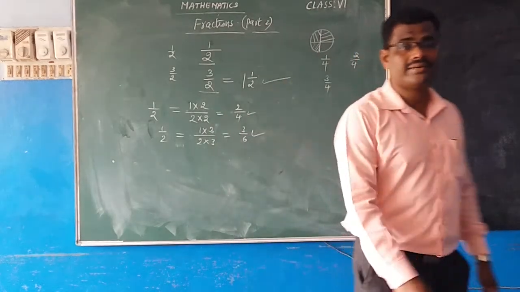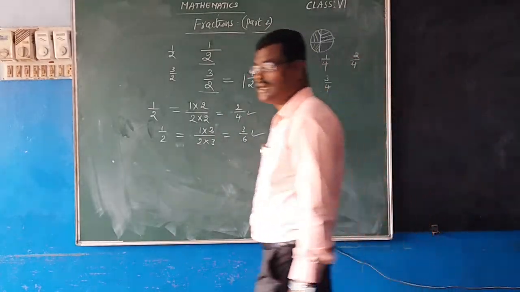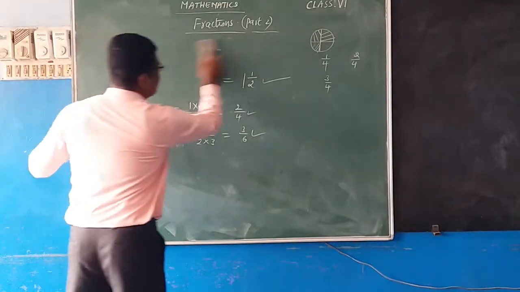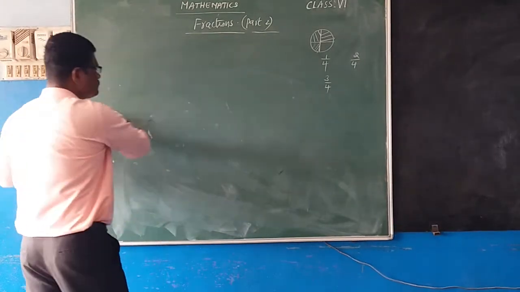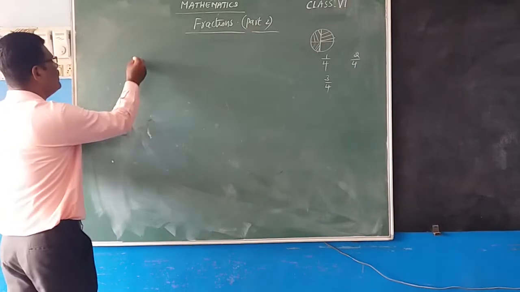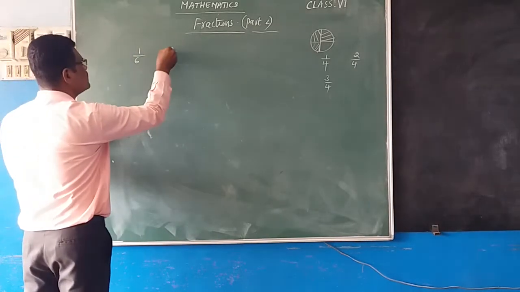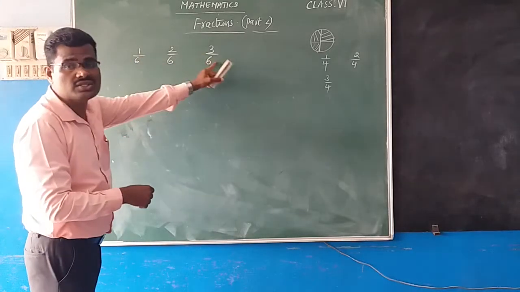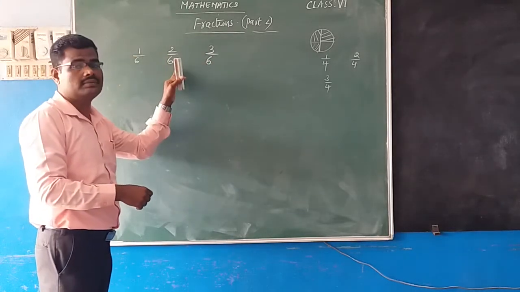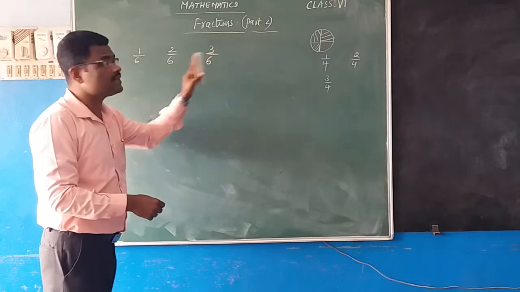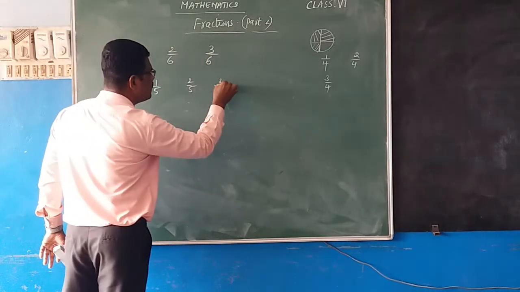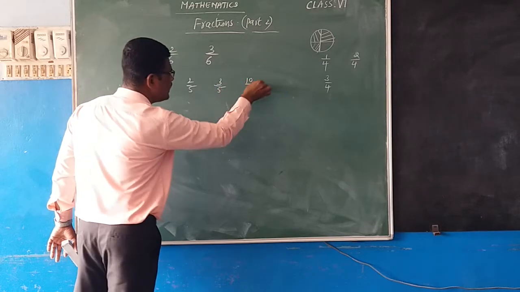Then what are like fractions and unlike fractions? Like fractions are fractions in which the denominators are same. 1 by 6, 2 by 6, 3 by 6 are like fractions. Whether 1 by 5, 2 by 5, 3 by 5, 10 by 5 are like fractions?